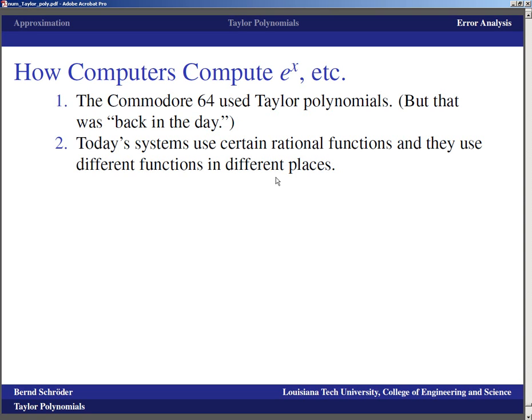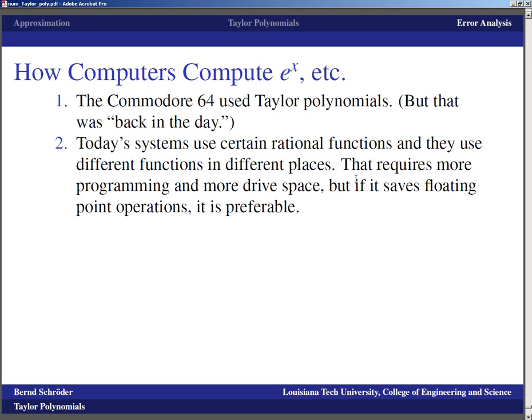So today's systems are more sophisticated. However, the basic idea stays the same, and even, or especially in supercomputers, the approximation is done with certain rational functions, and we're using different functions in different places. Basically, we do this piecewise.